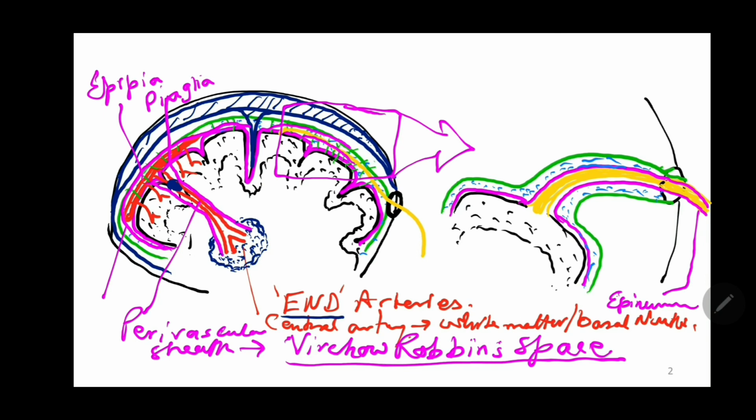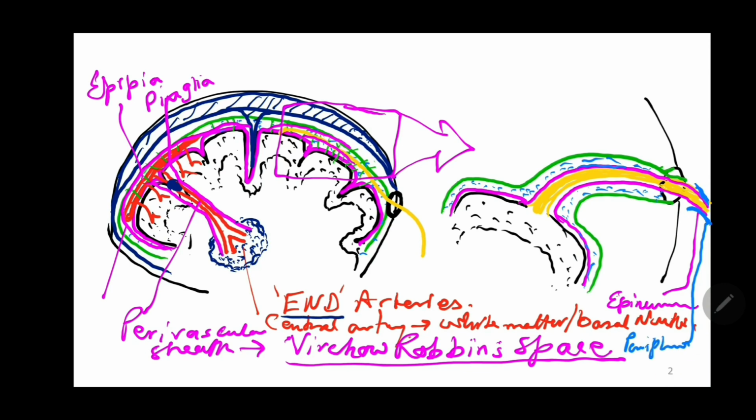Now about the CSF. Remember that peripheral nerves have on their surrounding these peripheral lymphatics.